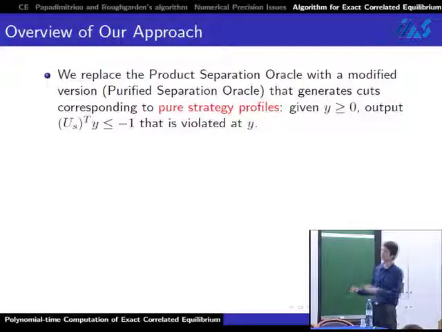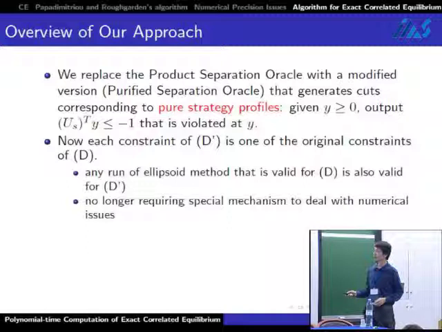Because these are the cutting planes that we use to generate D prime, each constraint of D prime is from one of the original constraints of D, so the maximum encoding size doesn't increase. Therefore, any run of the ellipsoid method that is valid for D would also be valid for D prime.